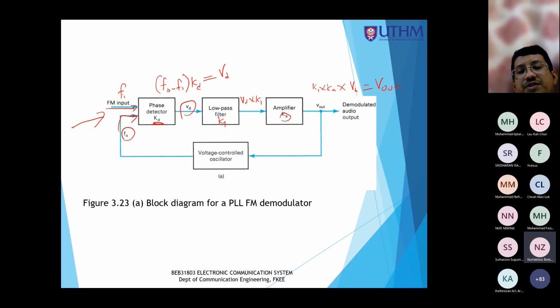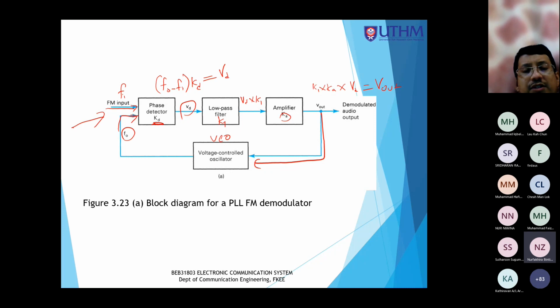Then this will also be put into the VCO, which also has a parameter over here. It depends on K or whatever parameter.